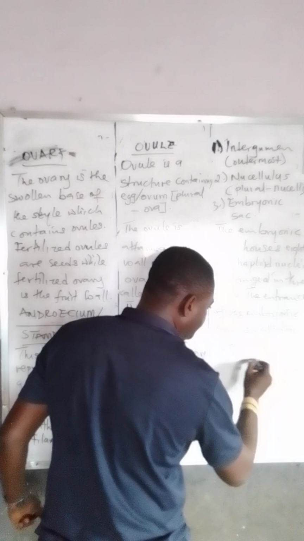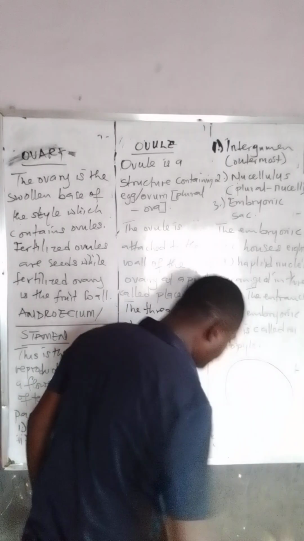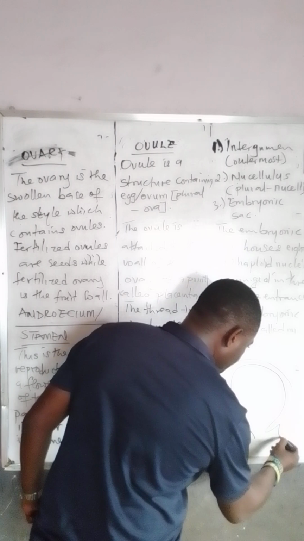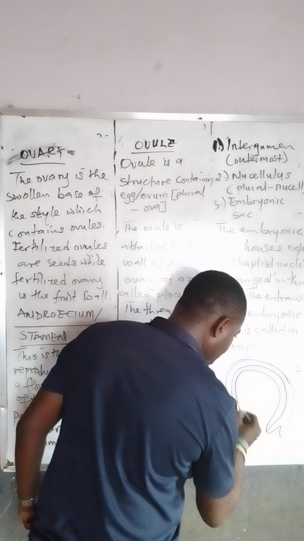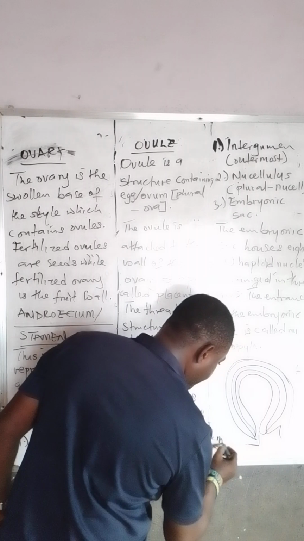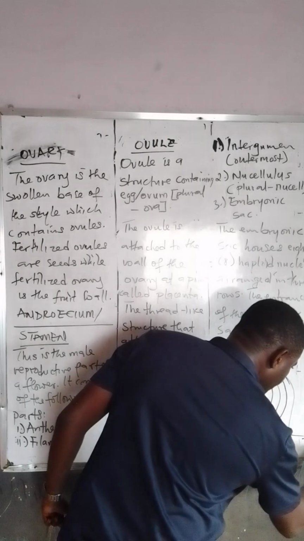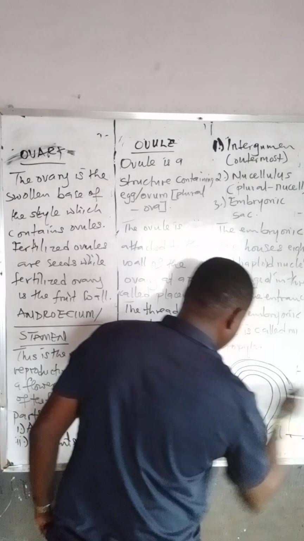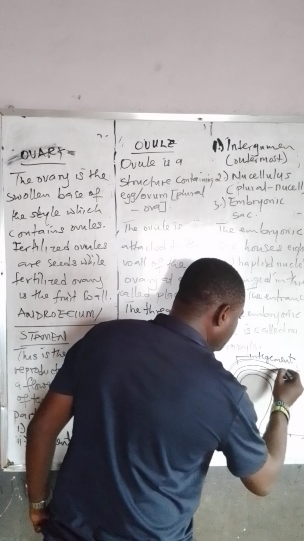Now, let me see. You have something like this. Then that entrance, micropyle. This is funicle. Now, this is integument. This is nucellus.